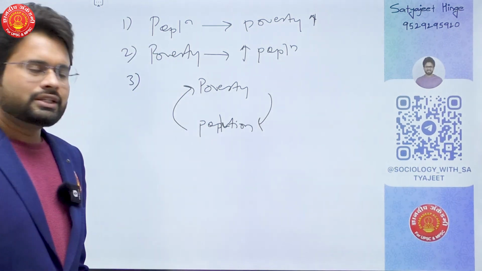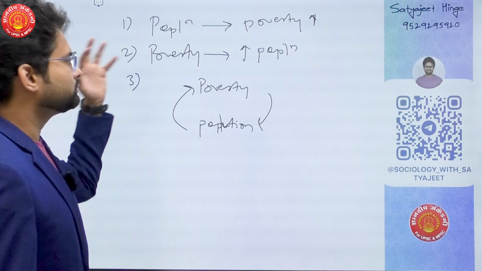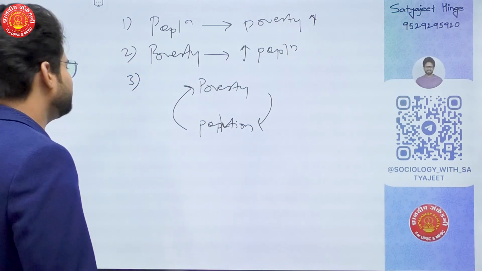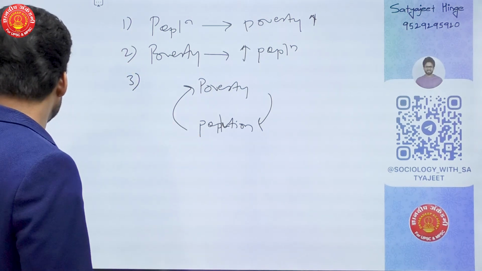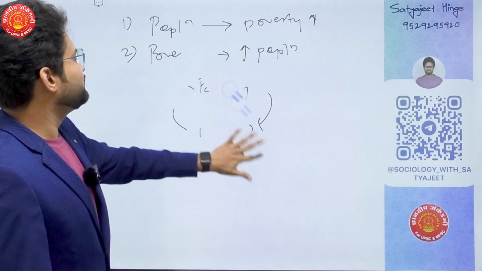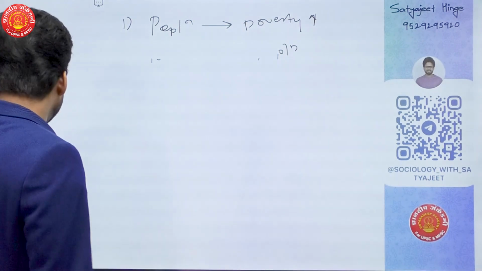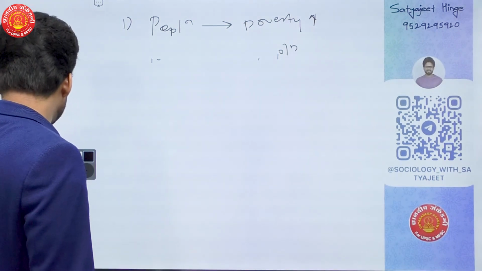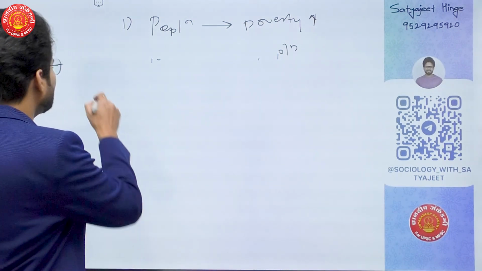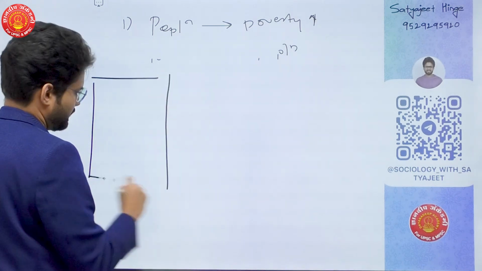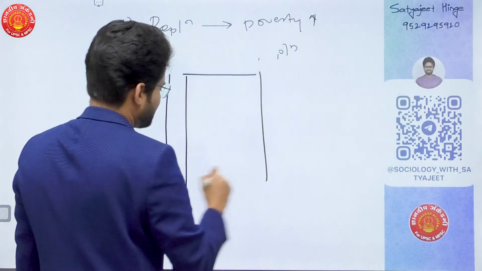So we have to cover these three important dimensions here, both of these concepts and the interdependence. And if you design these three dimensions in 3 pages, for 15 marks, it will look somewhat like this.